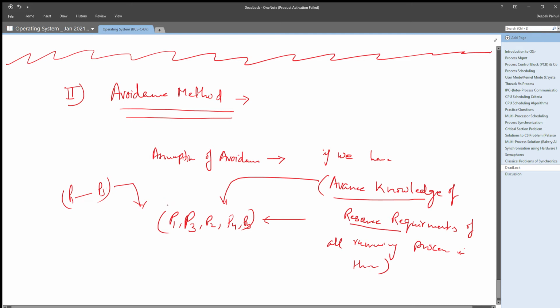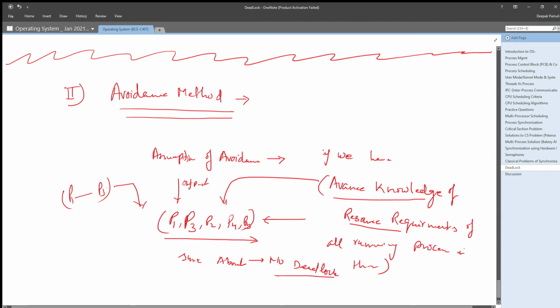We will use this information and develop, through some technique or algorithm, an algorithm which will give the output as a sequence of processes, which if we follow this sequence of process execution, then we can be sure that there will be no deadlock, right?